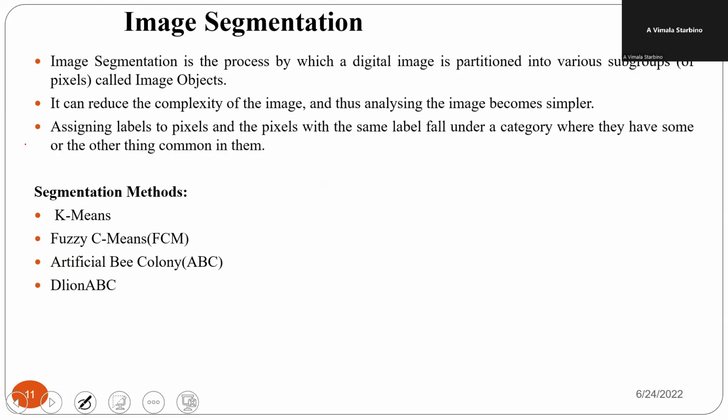The employee bee goes in search of the food source, finds some places, and gives the information to the onlooker bee. The onlooker bee then chooses other employee bees and tells them these are the places with a food source, go and collect the honey. These bees go there and collect the honey. Once the honey is filled, they come back and inform the onlooker bee.